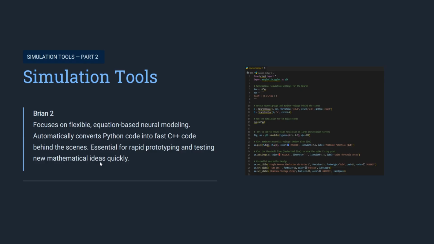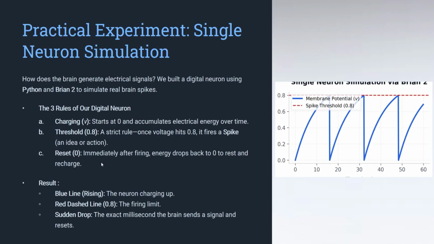Now I'll talk about a short experiment I conducted using Python. It goes like this: how does the brain generate electric signals? We built a digital neuron using Python and Brian tools to simulate a real brain spike.